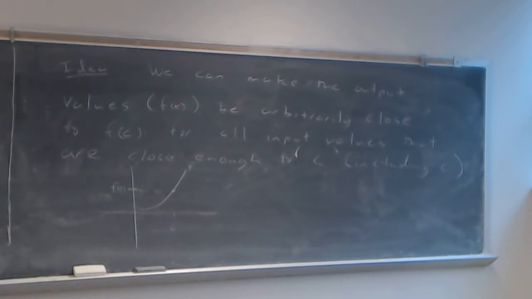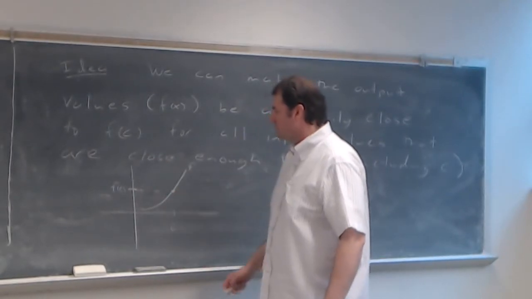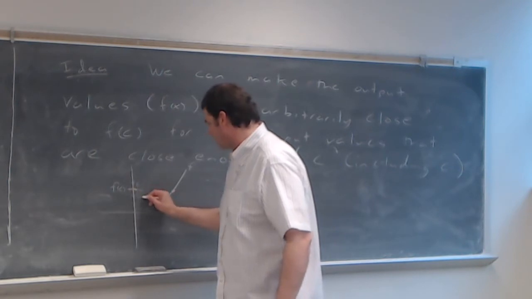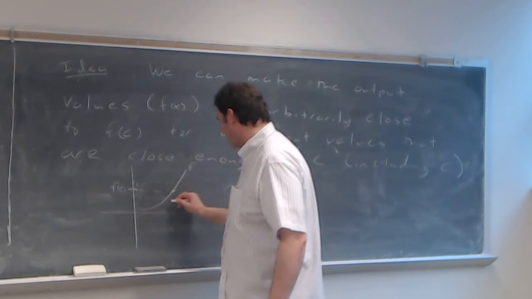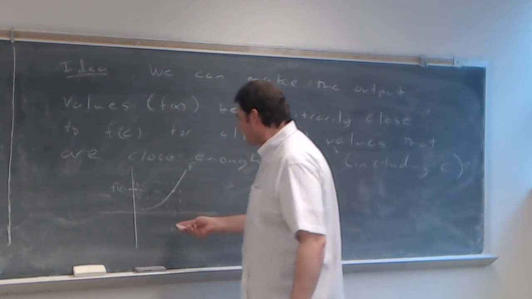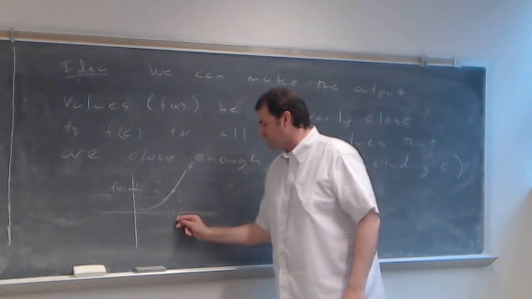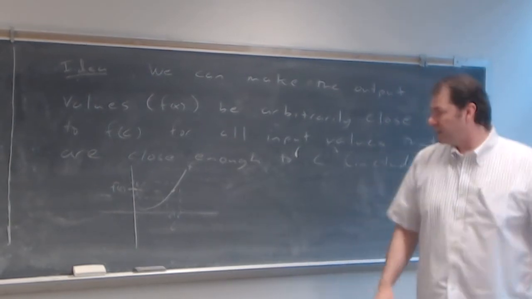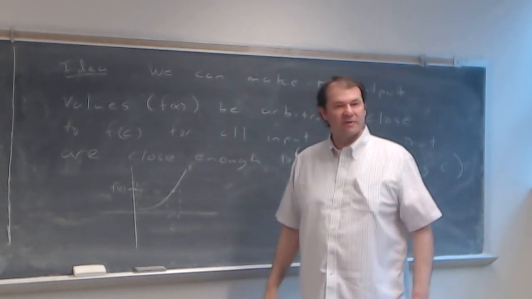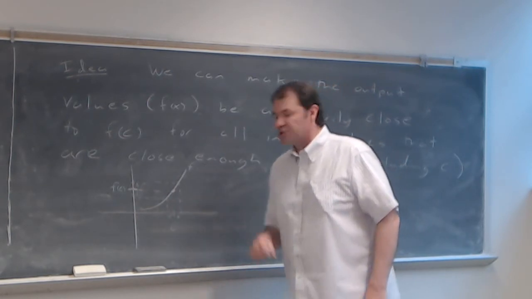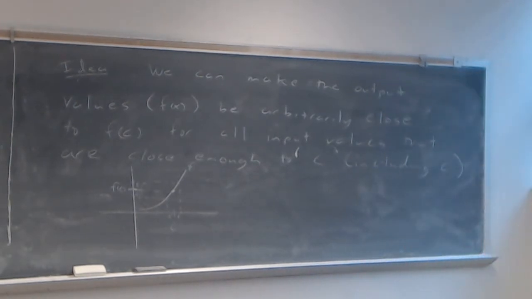What we're saying is that you can force all of the output values, those are y values, to be within epsilon units of f of c. So if this is my epsilon, epsilon above, epsilon below, that's going to hold true for all x values within some little region about c. That region about c is delta units about c. So no matter what distance you want me to have the y values within f of c, I can make that happen if f is continuous at c by choosing the appropriate delta about c.